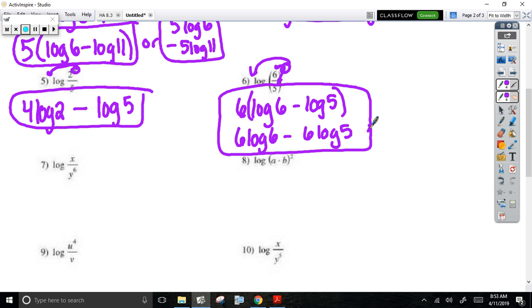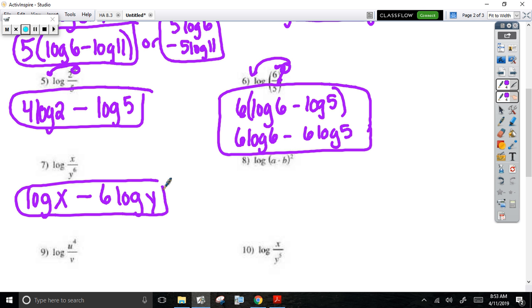The next few, we have power and quotient as well. So this should be log 6x minus 6 log y. Again, either distribute the squared to be a squared and b squared, or bring the 2 out front first.